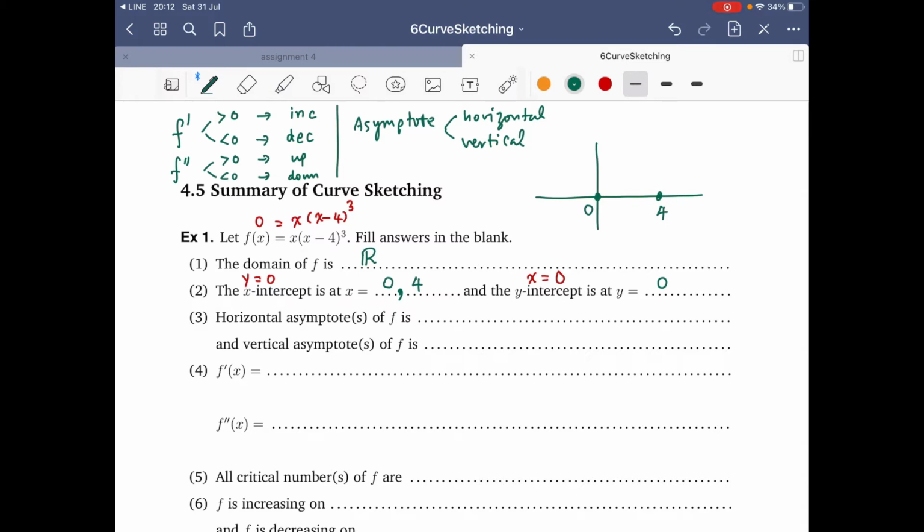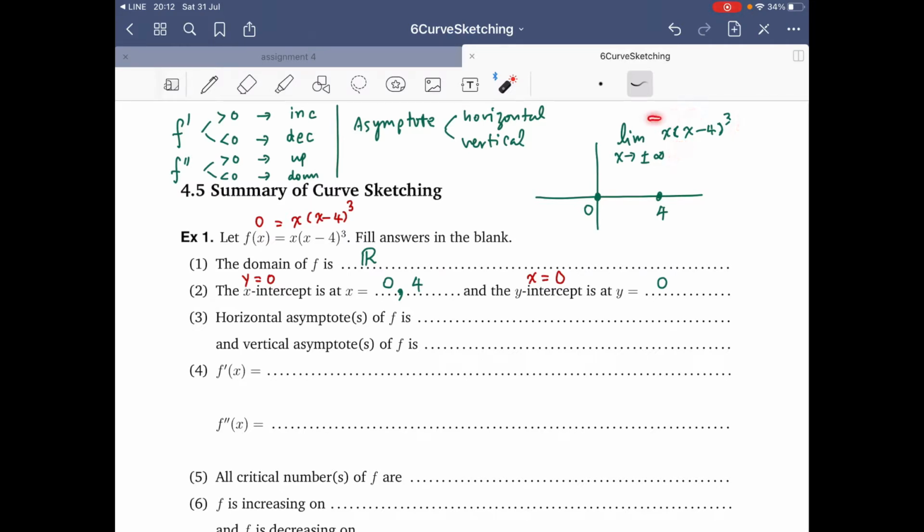So if you want to find the horizontal asymptote, you need to find a limit, as your x goes to either positive or negative infinity of this function. However, if you take a look, this one is like x raised to a power, and has no fraction. So if your x is a pretty large number, then it will be a large number.